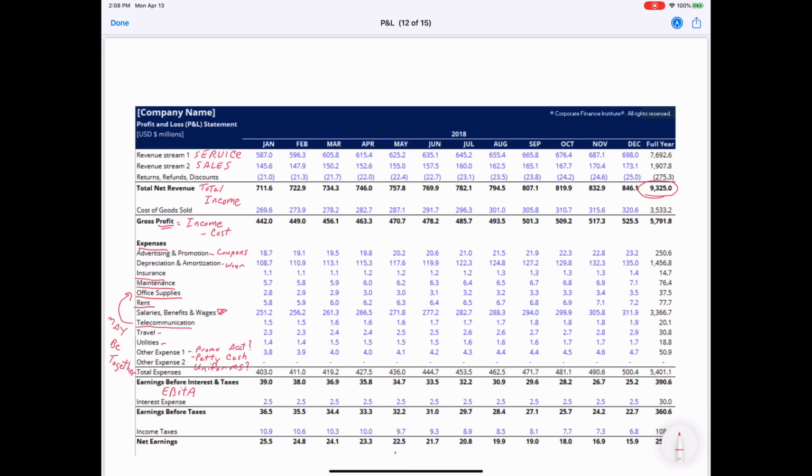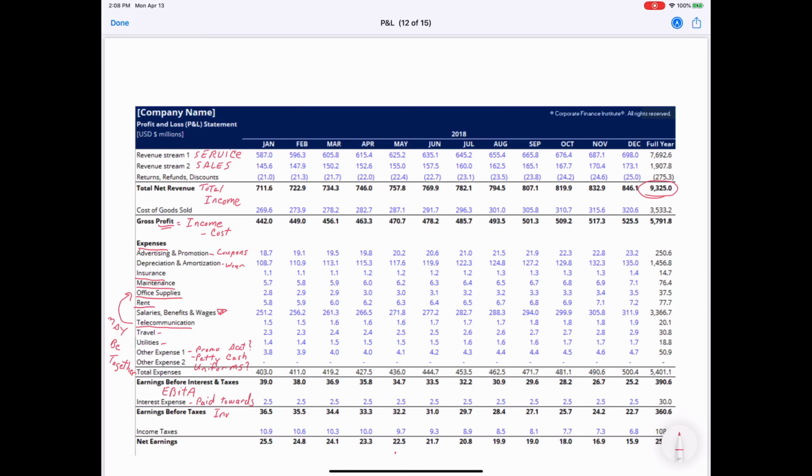So this number, this EBIT or EBITDA, is going to be a number that is basically everything you made minus everything you had to pay out that was not interest or taxes.